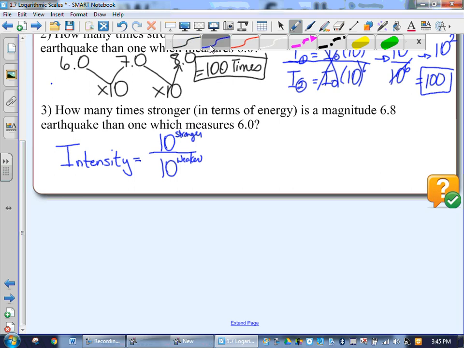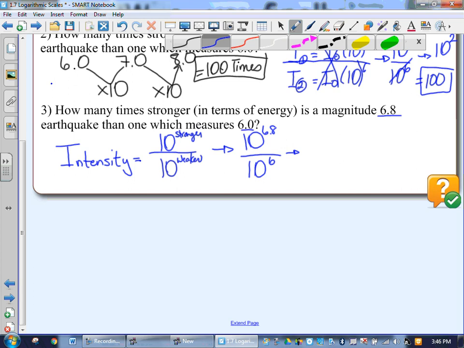Okay? So in this one, how many times stronger in terms of energy is a magnitude 6.8 earthquake than one that measures 6? So I have 10 to the power of the stronger, which is 6.8, over 10 to the power of the weaker, which is 6. I know this isn't one full step apart, so I know it should be under 10 times.